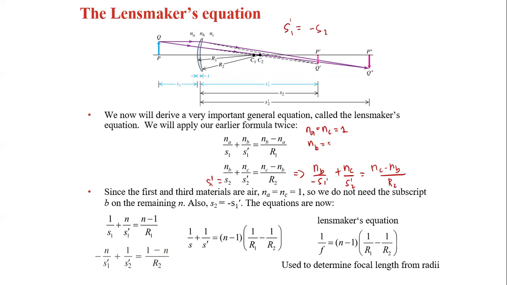So what will happen to this equation? 1 over s1 plus n over s1 prime is equal to n minus 1 over R1. The other side would be n over negative s1 prime plus 1 over s2 is equal to 1 minus n over R2.